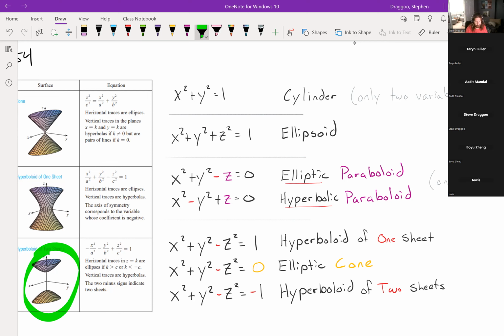Again, that's where x squared plus y squared gets added up and is equal to a negative number. Whereas if it's a positive number, it's going to be 1 sheet because they'll stay connected. Then a cone fits exactly in the middle of a hyperboloid of 1 and 2 sheets because our x squared plus y squared comes together to form a single point.